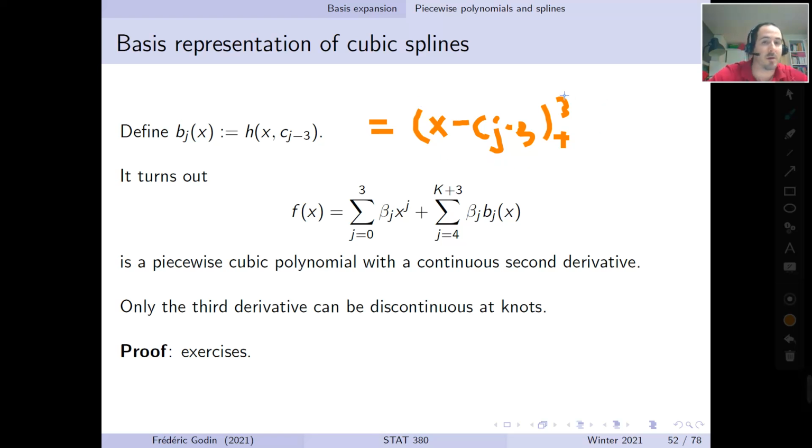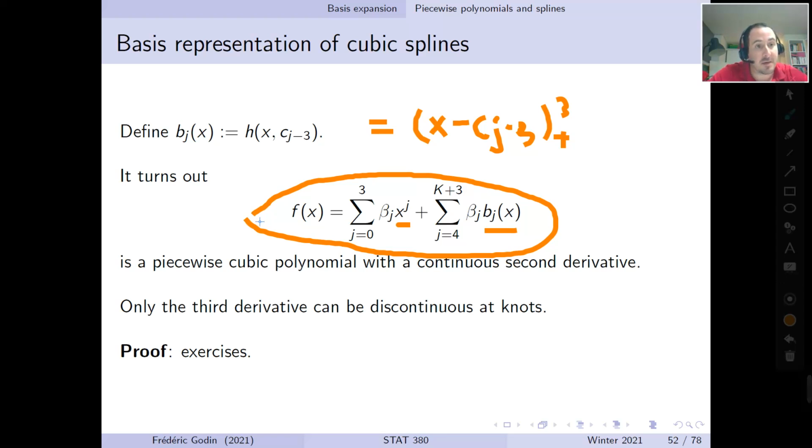This is extremely simple to compute in practice. All these predictors, the x^j's and the b_j(x)'s, are very easy to compute for a given value of x. So this is indeed a linear model, and it means that a cubic spline can be obtained through linear regression.